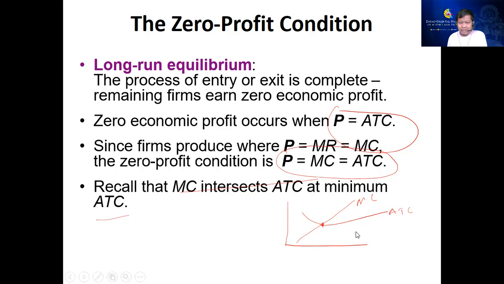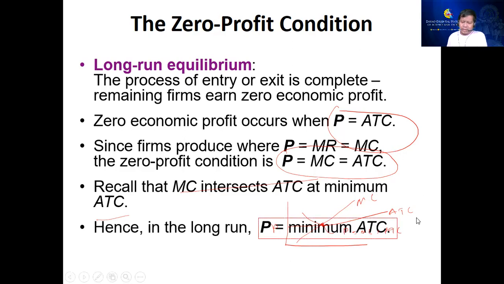Wala yung profit diha, no? Zero profit condition, wala po yung loss diha. Wala po yung ginansya diha. So, wala yung ginansya din. P equals MC equals ATC. Kini nga portion P equals MC equals ATC. So walay ginansya.